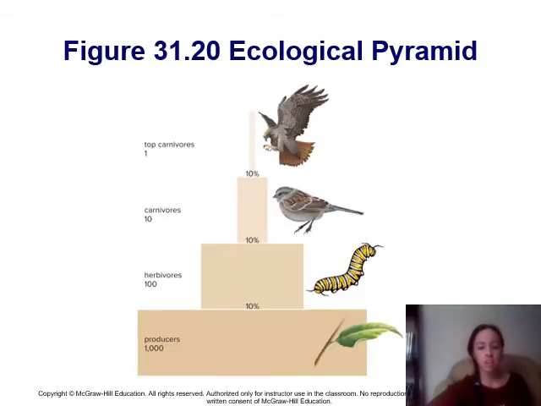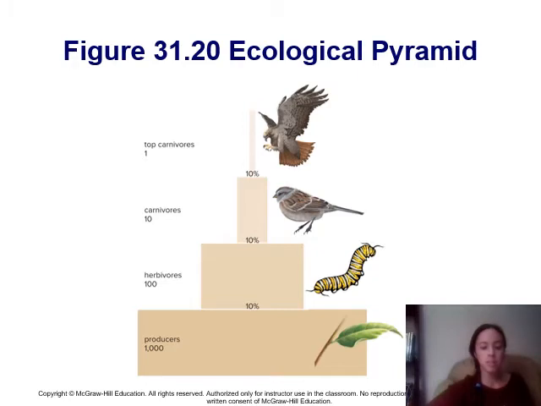An ecological pyramid shows the amount of plants, herbivores, carnivores, and top carnivores in a food chain. The biomass within a trophic level is how many individuals there are multiplied by each individual body weight. And there is always going to be more biomass within the producer or plant trophic level than any of the other ones.